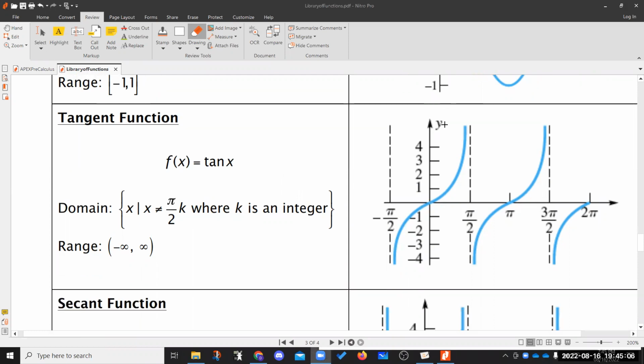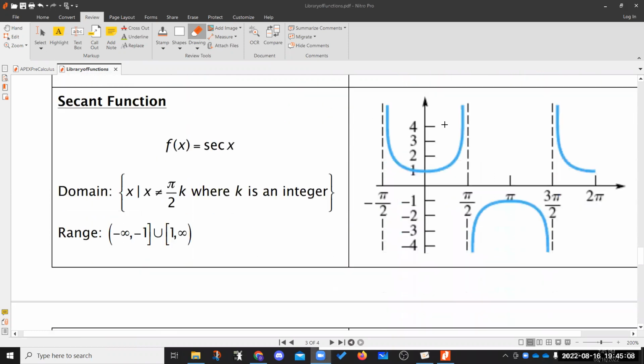Now we have some of the reciprocal trig functions. Secant is the reciprocal of cosine. We can almost see the cosine graph getting drawn between these zeros here, that it was at 1, and then it was going down, down, up, up, right?